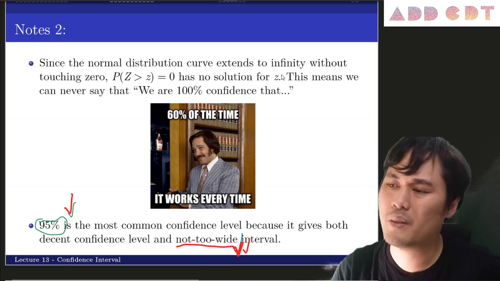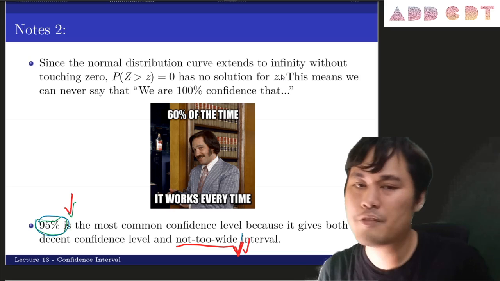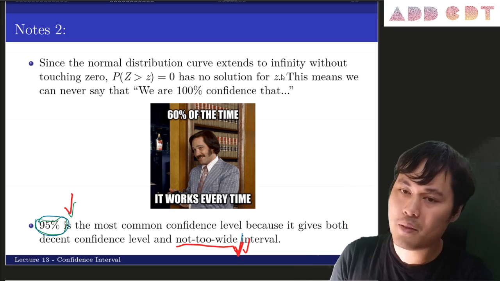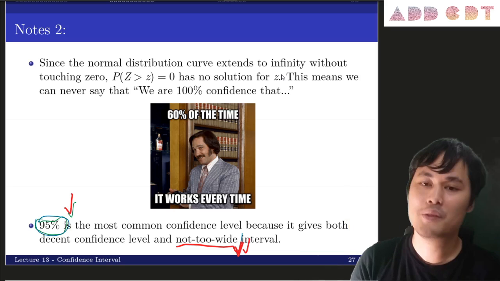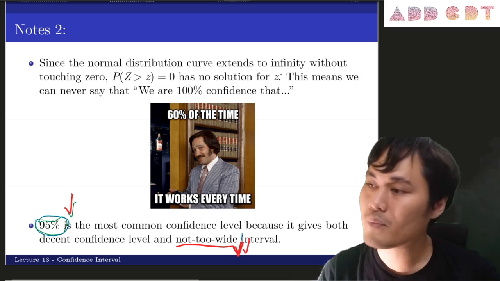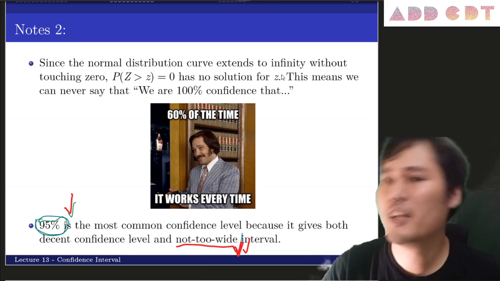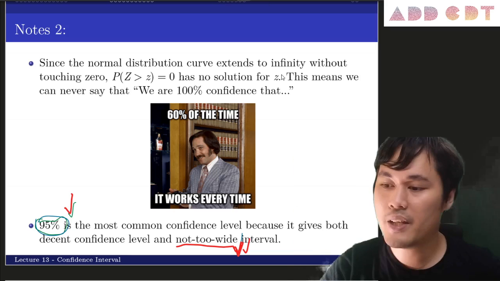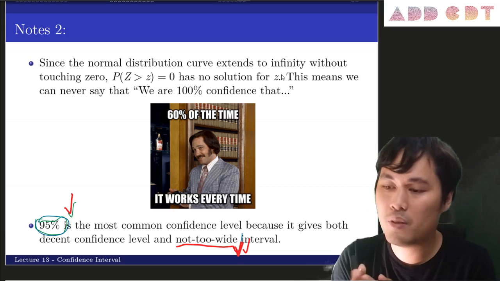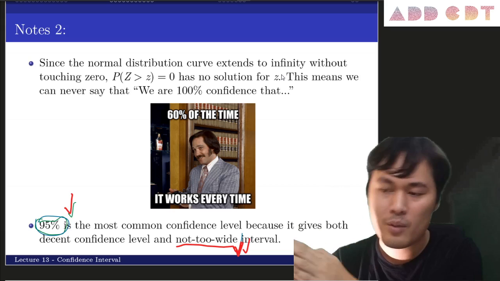And that's the reason we could pick the number 95. Of course, you are free to choose any other numbers if you know what you are doing. For different areas, the numbers vary. Maybe you want 99, maybe you want 90.